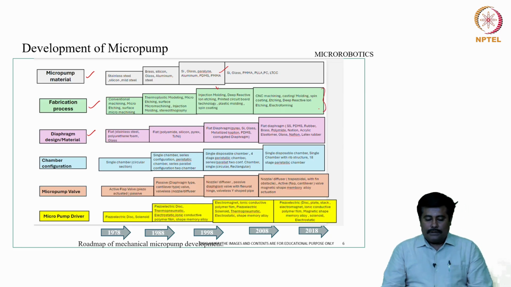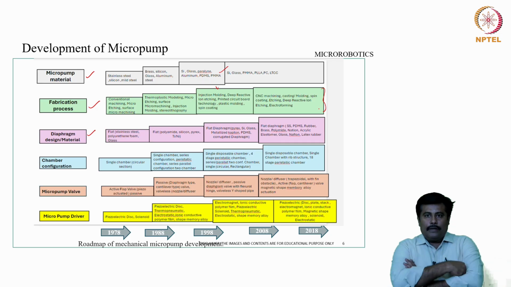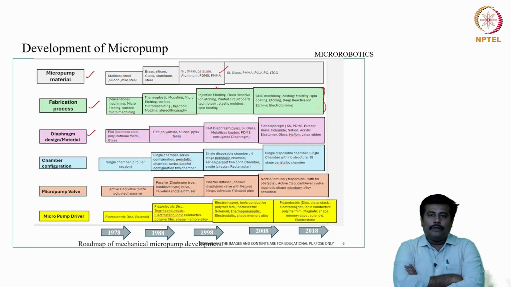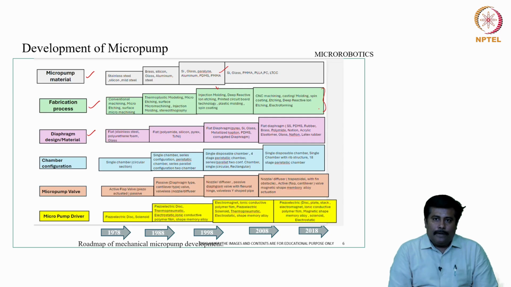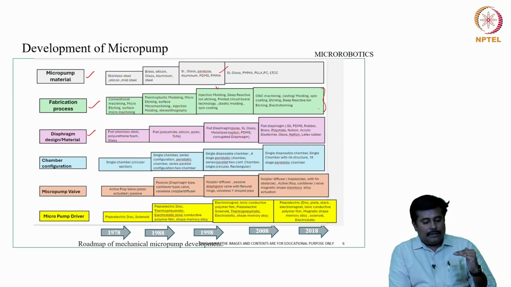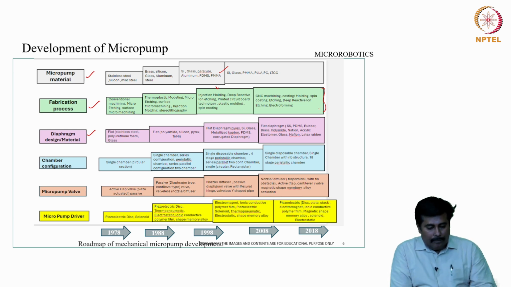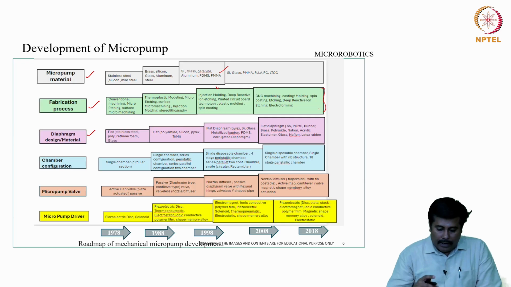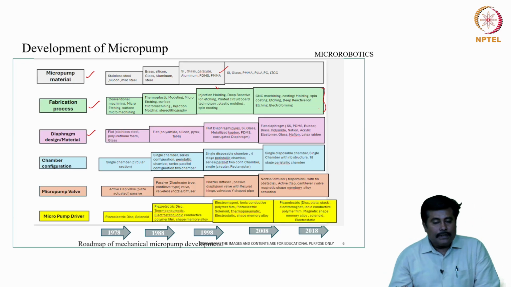Now, let us discuss the diaphragm materials used for micropump related applications. As far as diaphragm materials are concerned, we have flat stainless steel, polyurethane foam with glass, and then we can also have a corrugated diaphragm, or a PDMS based diaphragm.